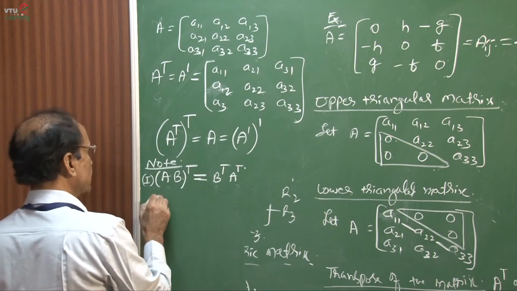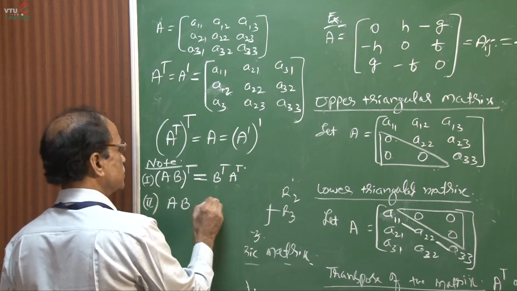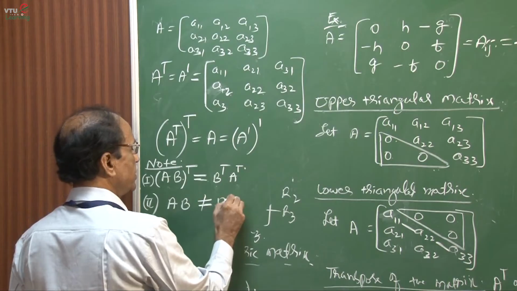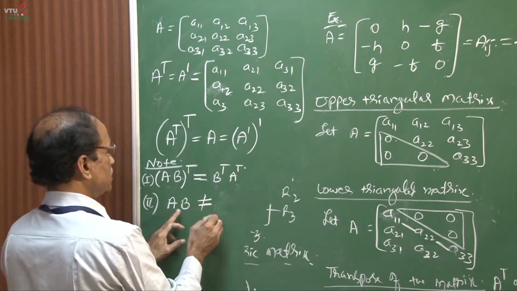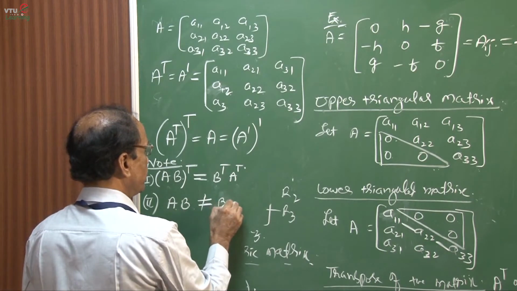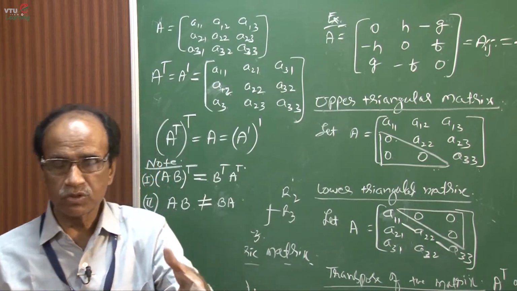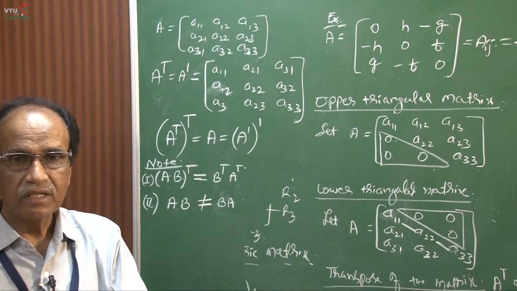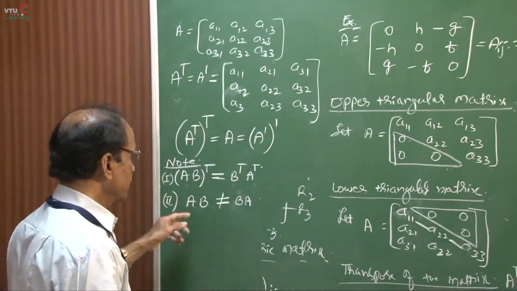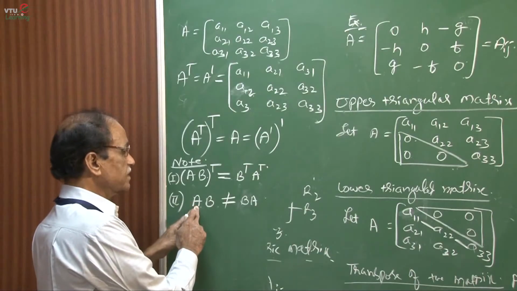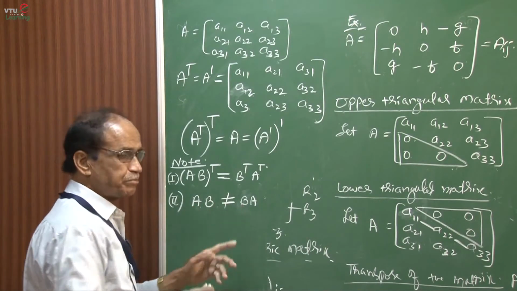And the ordinary product, multiplication of the two matrices, A into B is not equal to B into A. That means the commutative law does not hold good in this algebraic property, because you can take an example for matrix A and matrix B, whatever they are.